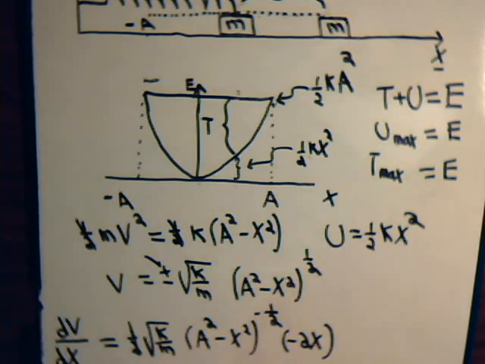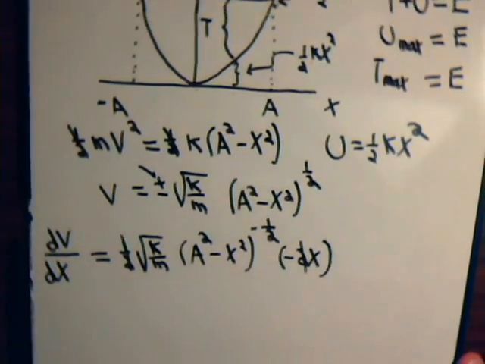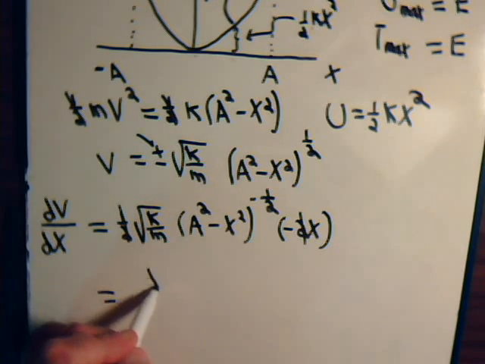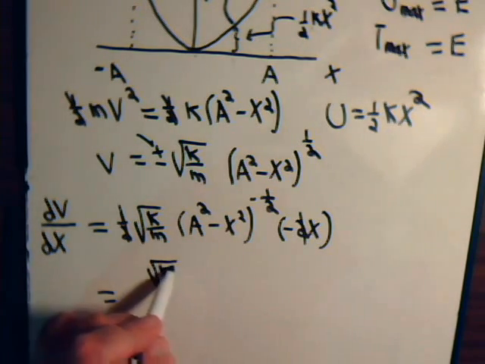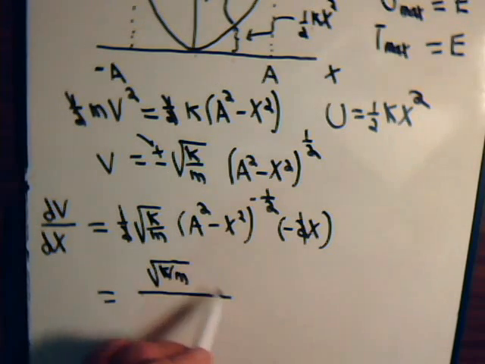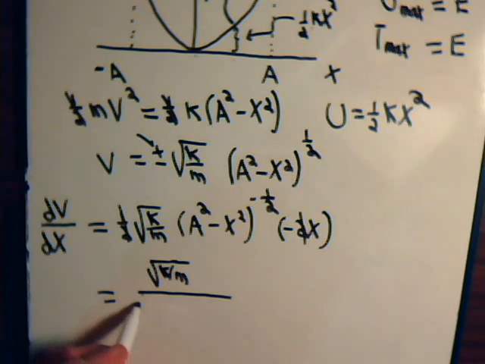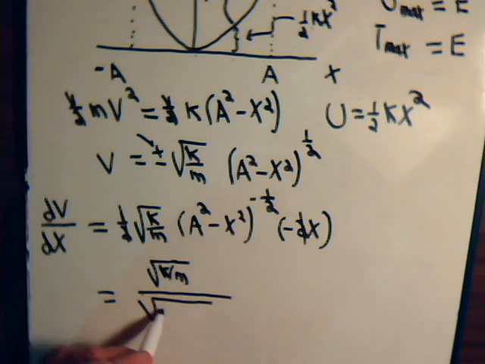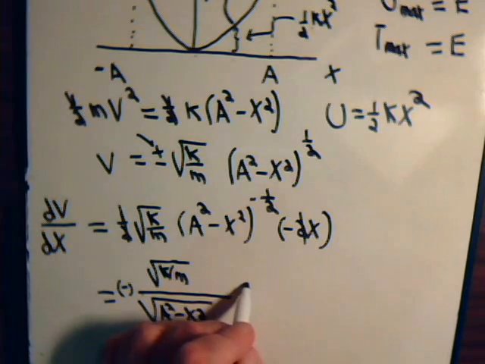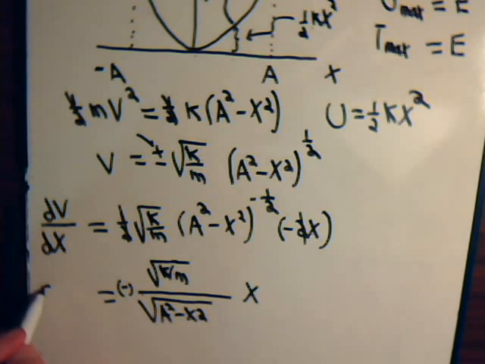So the 1/2 and the 2 will cancel, and we have that dv/dx will equal the square root of k over m divided by, that's a minus sign, so this will be in the denominator, the square root of A squared minus x squared, times x.